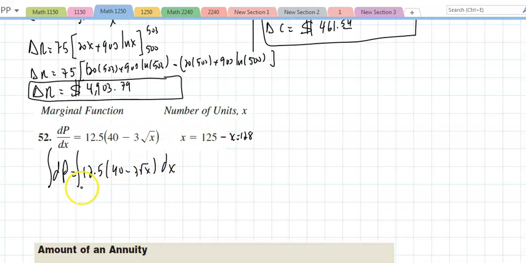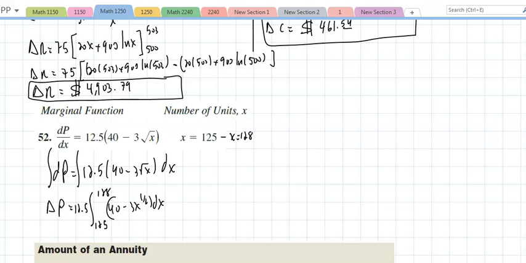But if I integrate from 125 to 128, that would be the change in profit from selling 125 units to 128 units of this function. 12.5 is a constant. I could drag that up front. That never affects the outcome.